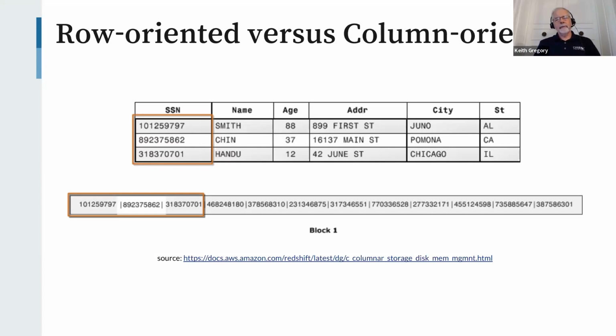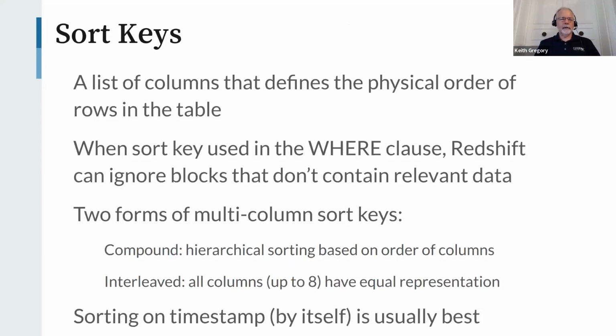And you have a couple of knobs that you can turn on that. The first thing is the sort key, and I've written a bunch of text here. Sort keys basically say that the columns that you specify in the sort key determine how the rows are physically laid out in the table.